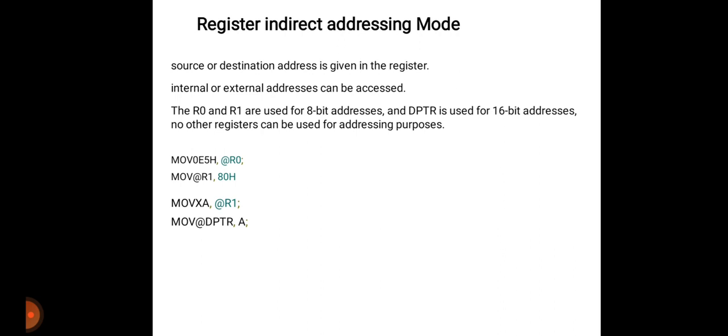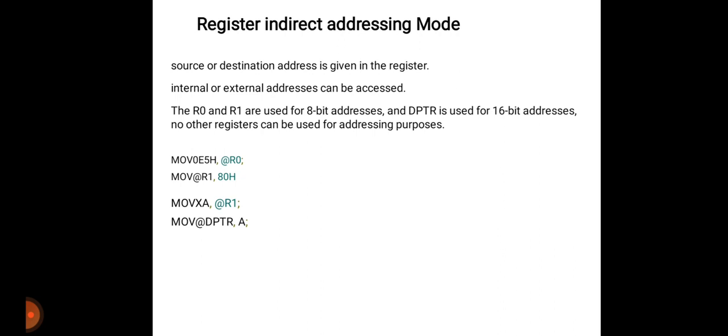Then the next one is MOVX A, @R1 and MOVX @DPTR, A. In these two instructions, the X in MOVX indicates the external data memory, which can only be accessed in register indirect mode.